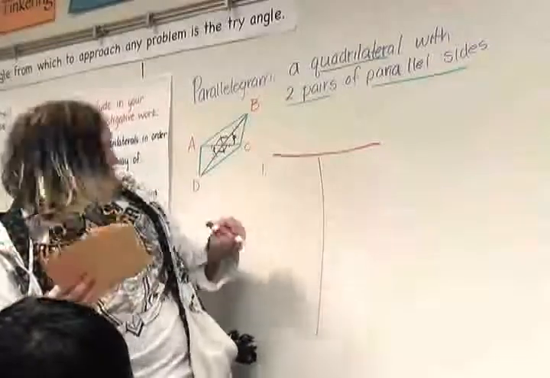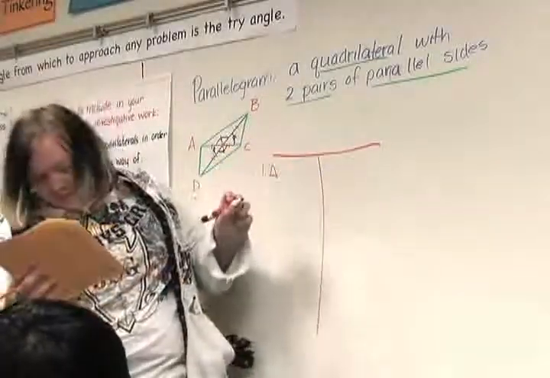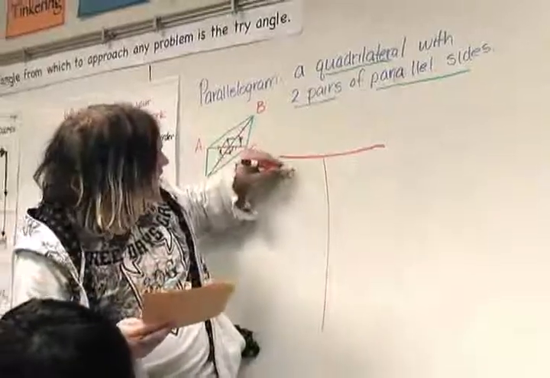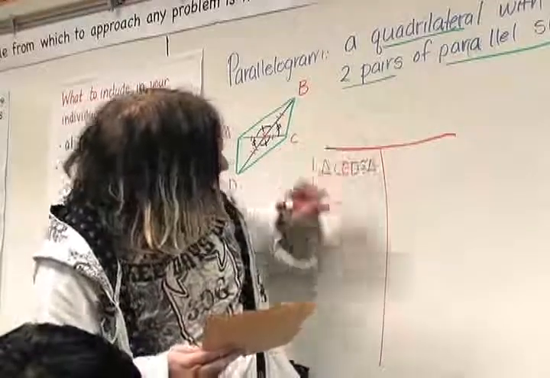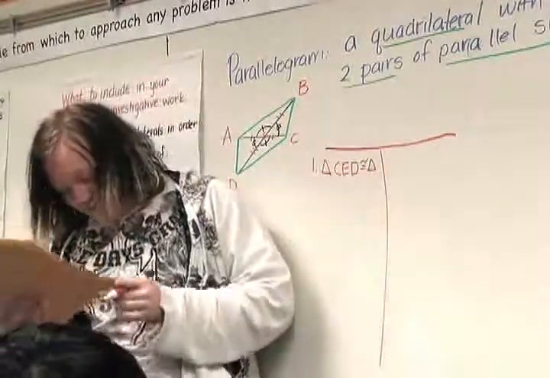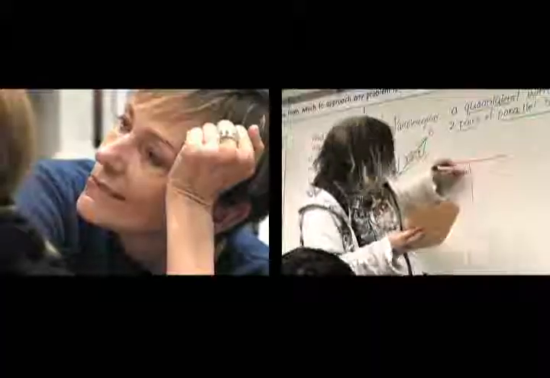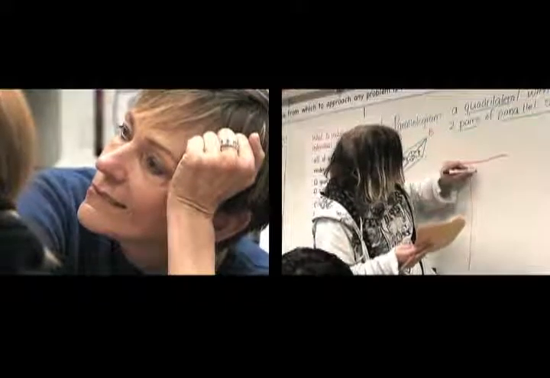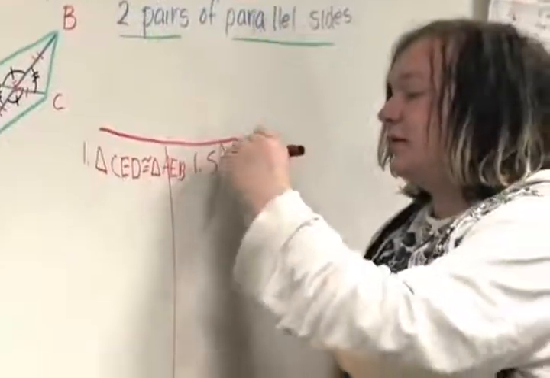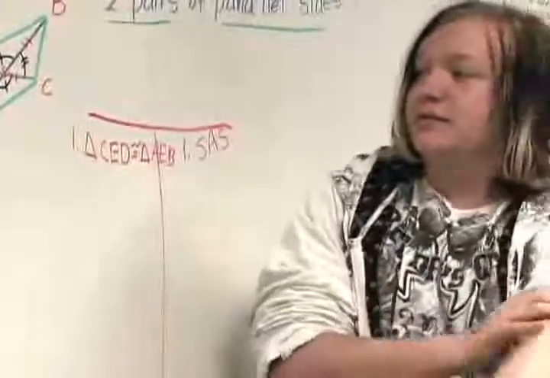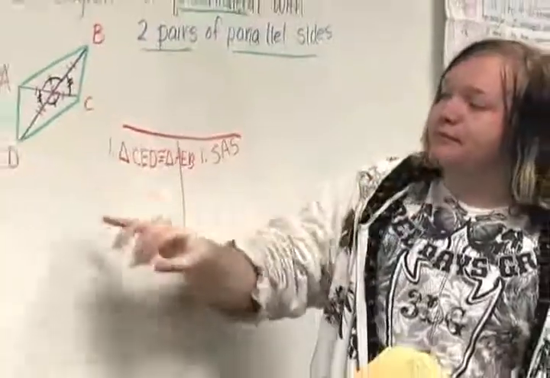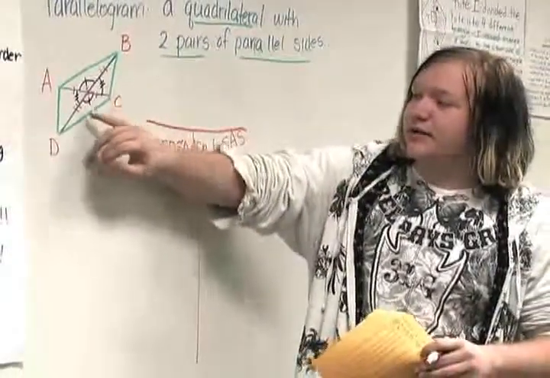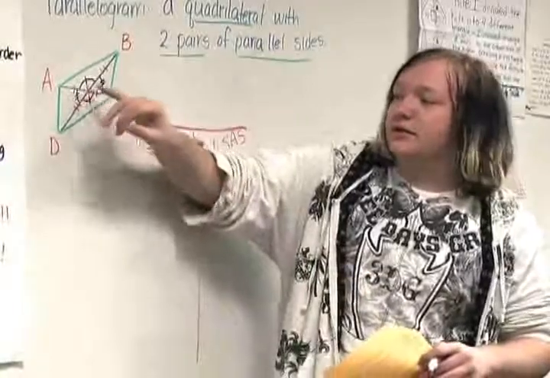So first is triangle CED, congruent to triangle AEB. That's because of side-angle-side, because you have this angle and this angle congruent, and then side 1, angle 1, side 2, and side 1, angle 1, side 2.